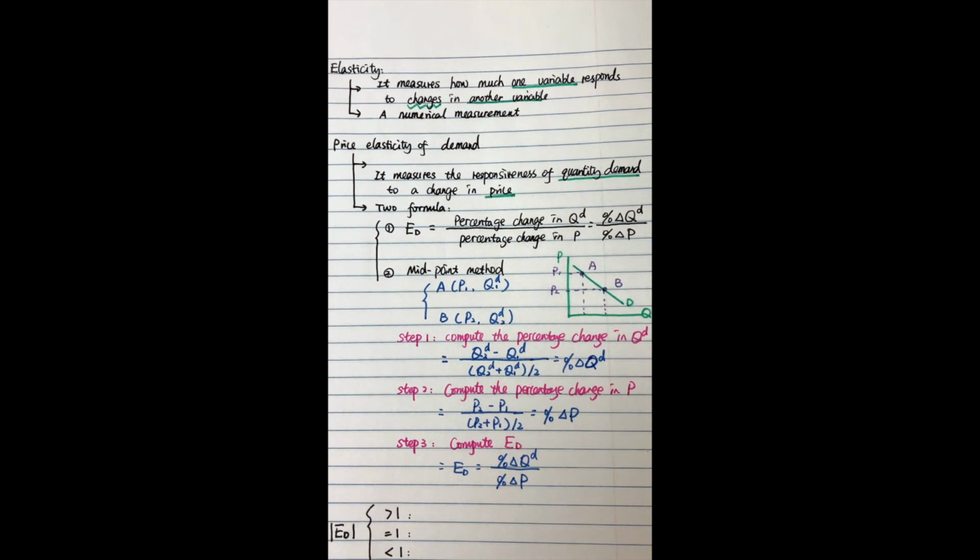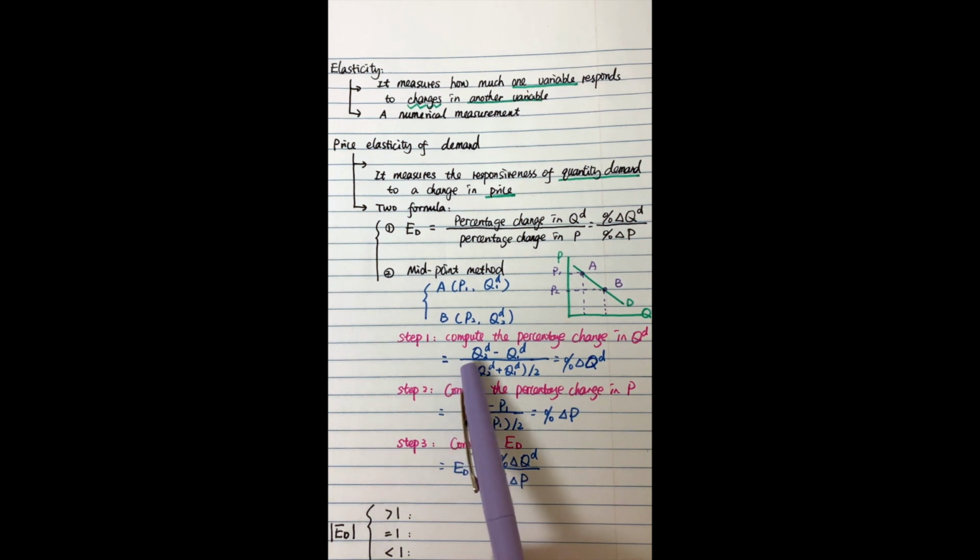And then you need to use the midpoint method to compute the price elasticity of demand. So there are 3 steps for us to use the midpoint method. The first one, you need to compute the percentage change in quantity demanded. Okay, so that will be the numerator, right? So how can we get the percentage change in quantity demanded?